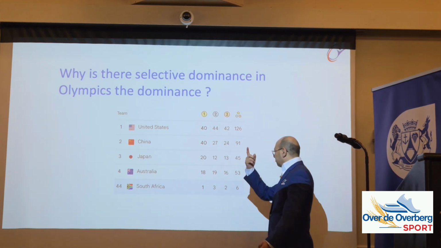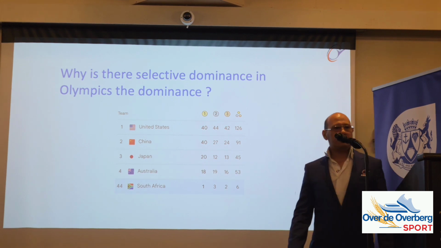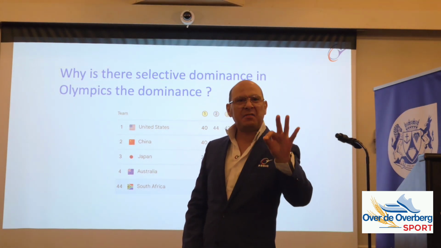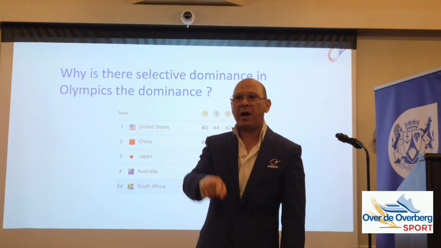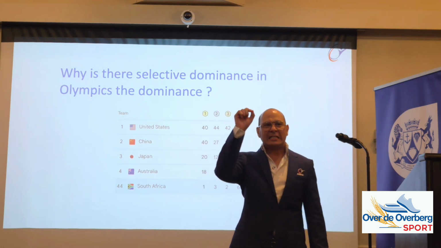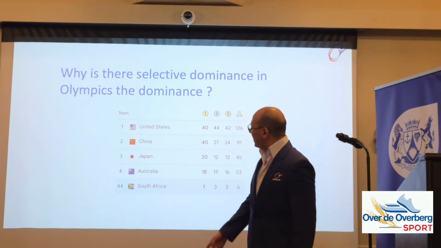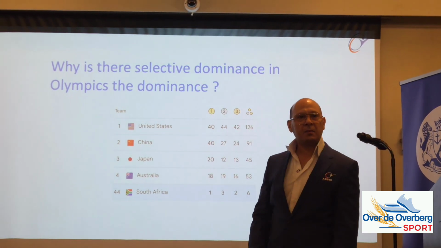Where are we? It is embarrassing. As a scientist, it is embarrassing because we have the talent, yet we don't have the basic infrastructure to develop our athletes. And there's selectivity in how we develop athletes in this country. This is embarrassing. And you know what's the saddest thing about South Africa?